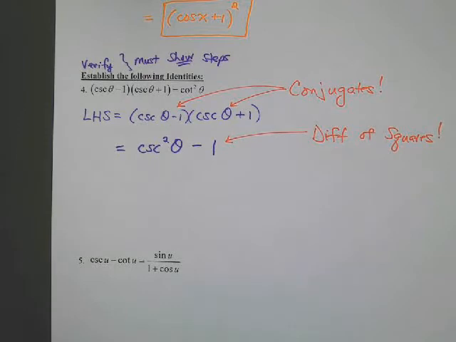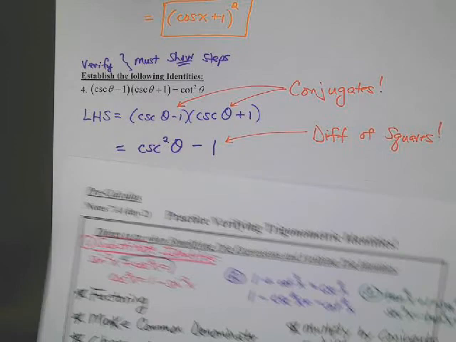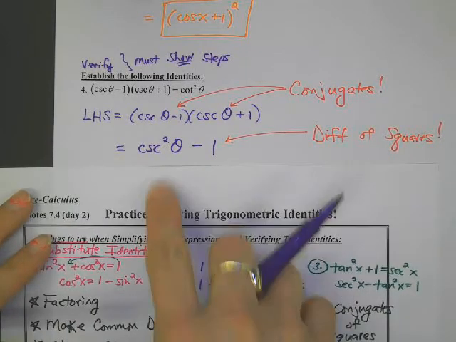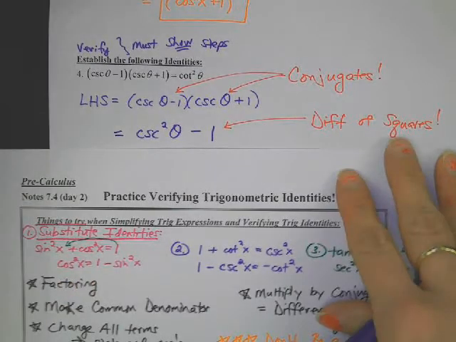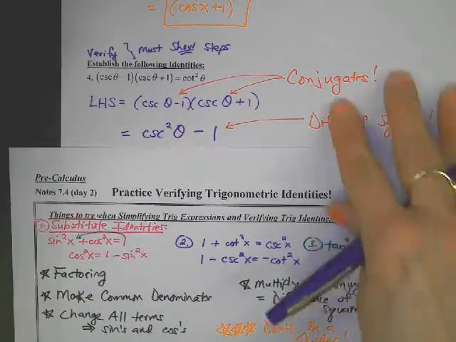Okay, now we're not done. I see something squared. Can you go back to the identities and see if we could rearrange it all to get cosecant squared minus a 1?